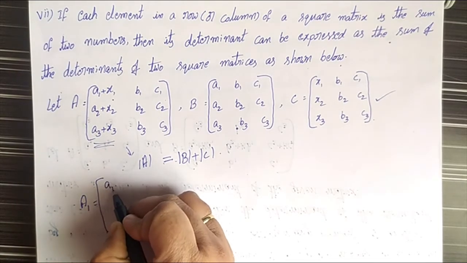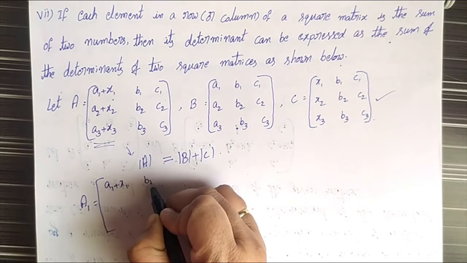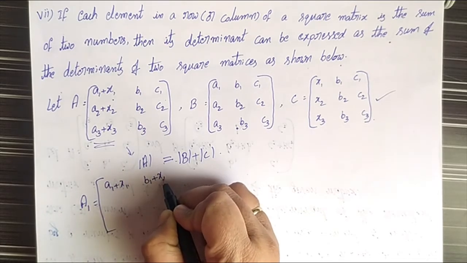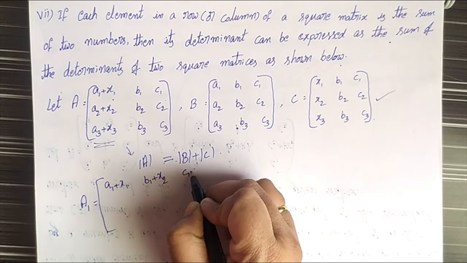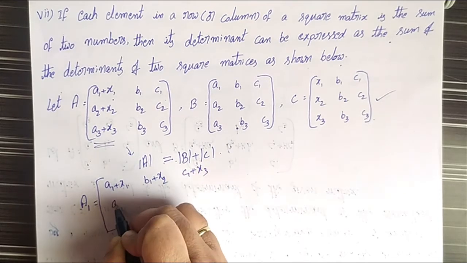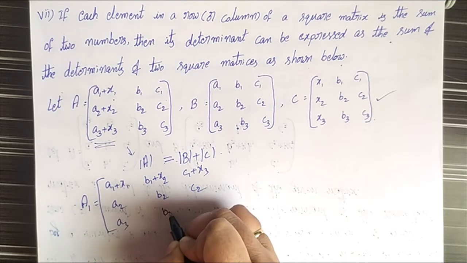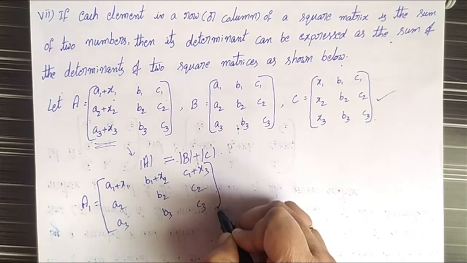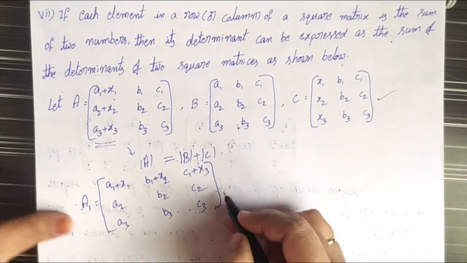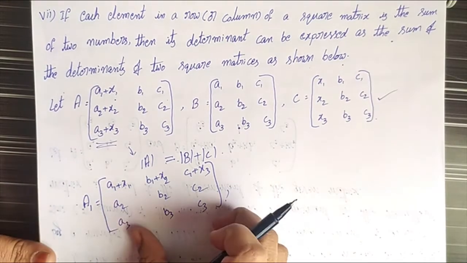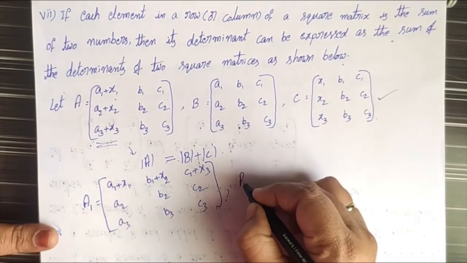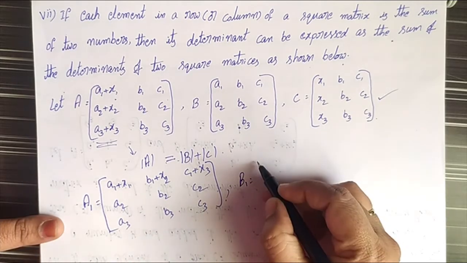That means A1 plus x1, B1 plus x2, C1 plus x3. Here A2, B2, C2, A3, B3, C3. This is the matrix A1. Then this matrix determinant is equal to the sum of the two matrices.